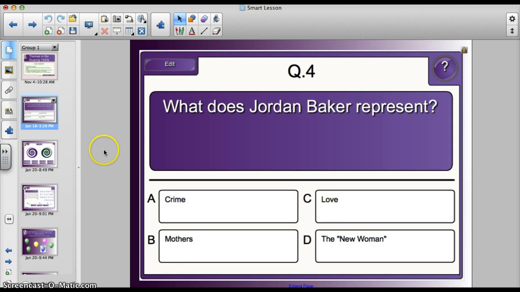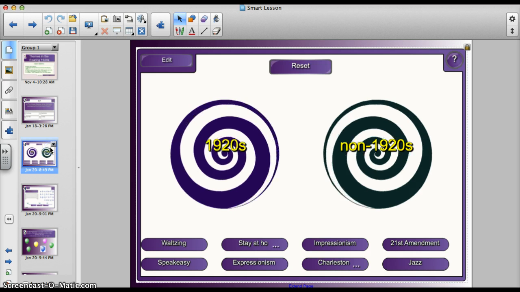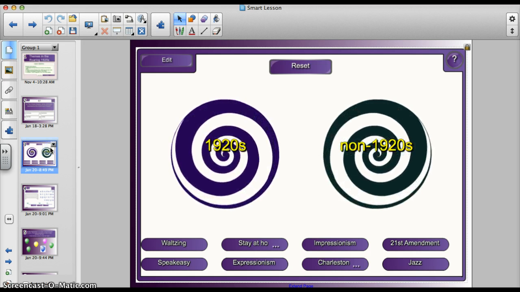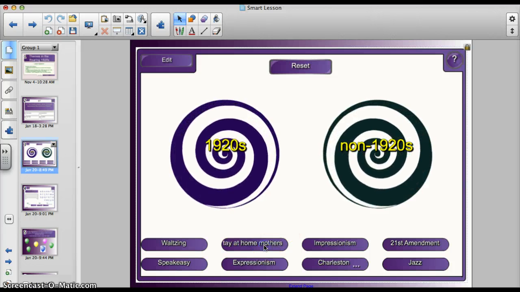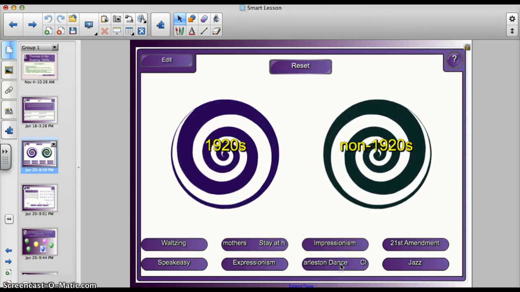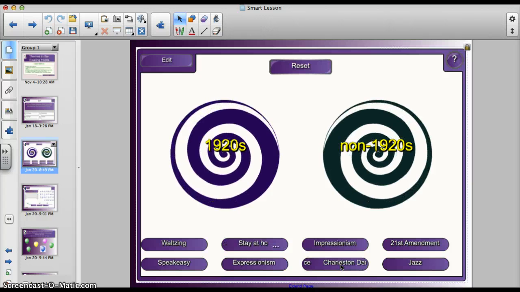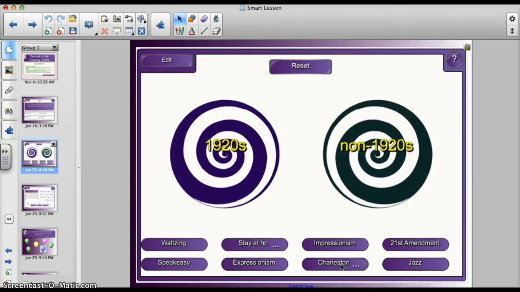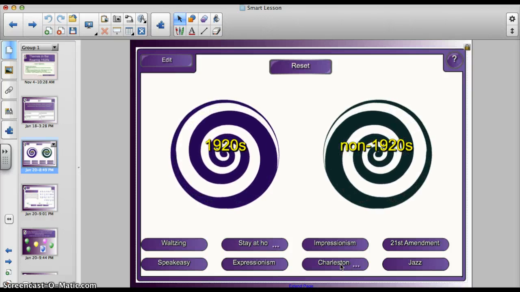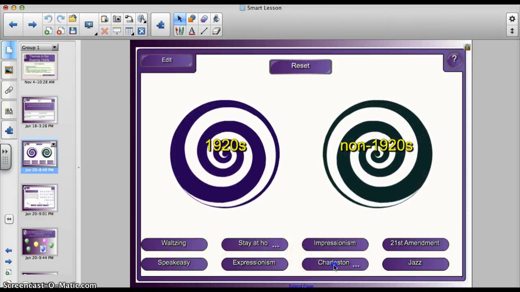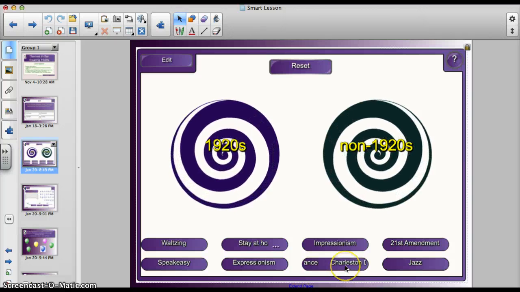And then this second activity I have is fun. It's the vortex. And the students can come up, see what the themes are, and they can put it either in the 1920s vortex or non-1920s vortex, depending on if it was a big trend during the time. So let's see, this one's the Charleston dance.